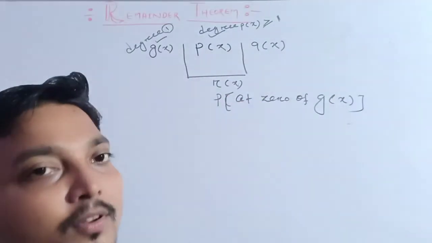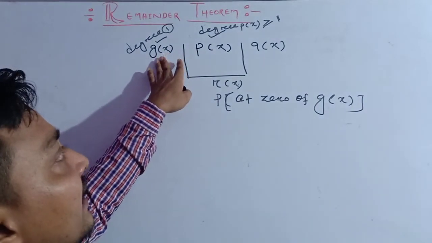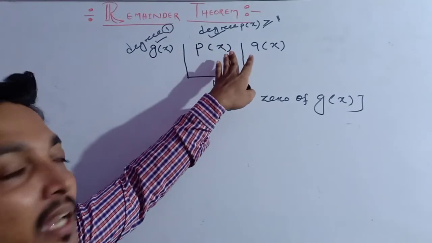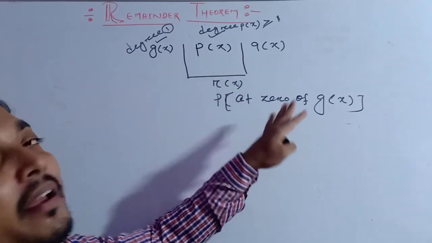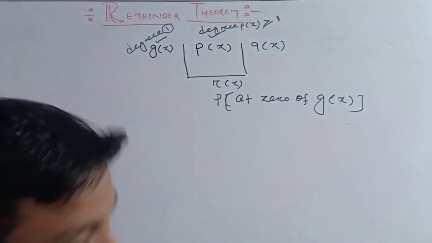Otherwise, the zero of the divisor: how much value of the polynomial you get at that point, the remainder will always be that much. Understood or not understood?